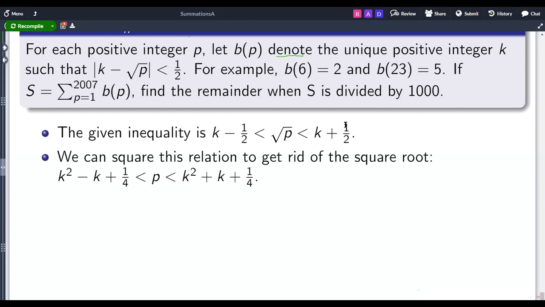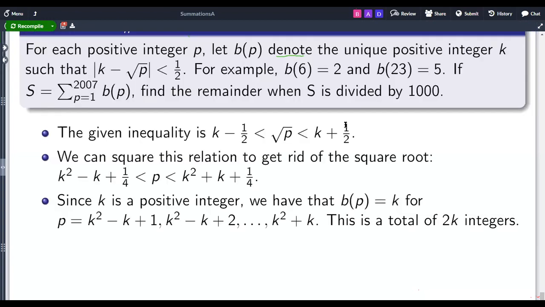And since k is a positive integer, that just means that all of the numbers from k squared minus k plus 1 to k squared plus k work. So that's a total of 2k integers. So there's 2k integers such that b of p is k.